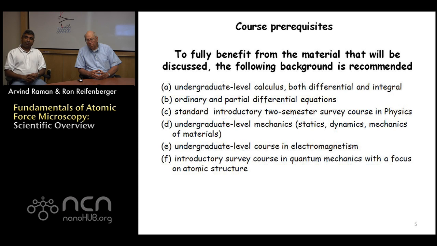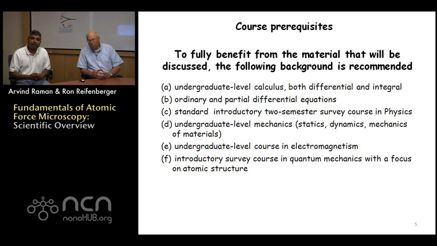To fully benefit from the material that we're going to cover in the class, we recommend certain prerequisites. And those prerequisites are going to include certain classes you might take at a freshman or sophomore level, for example, differential and integral calculus, ordinary and partial differential equations, and a standard introductory 2-semester class in physics would be a very relevant background for this class.